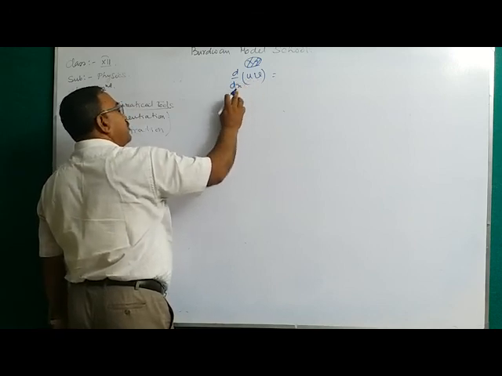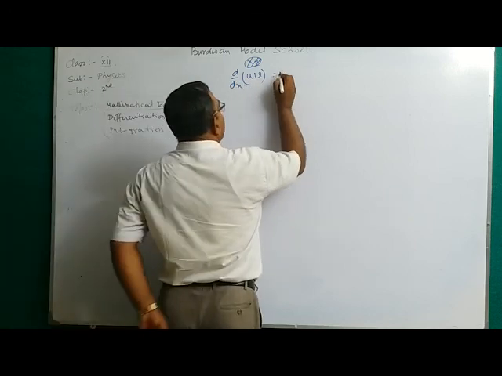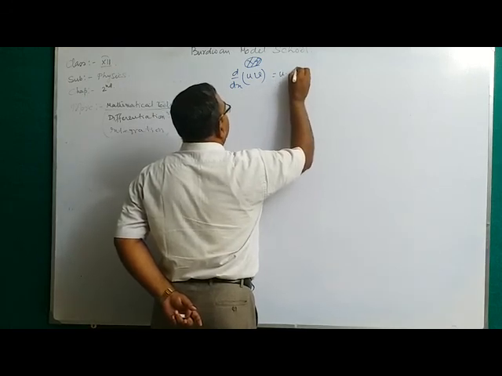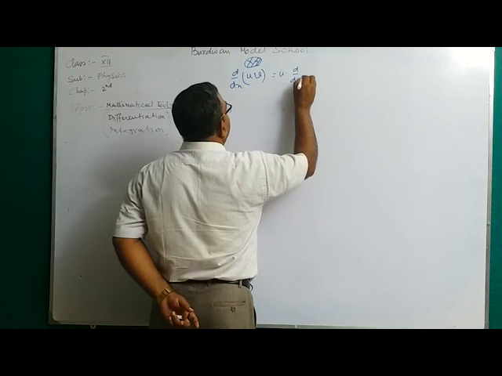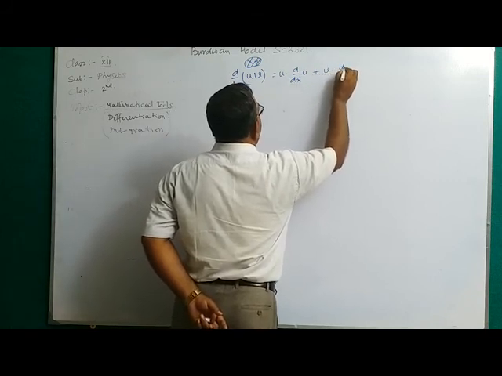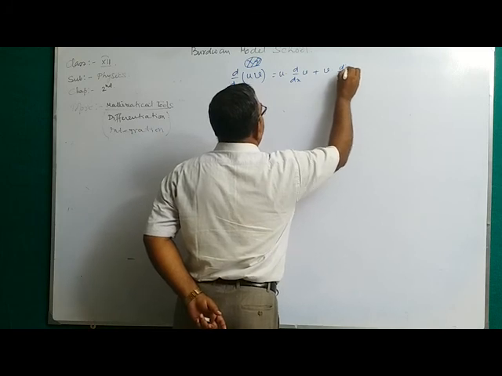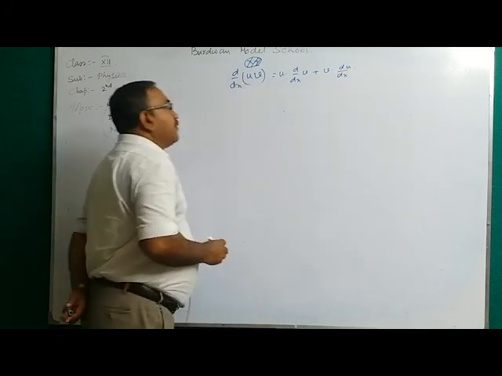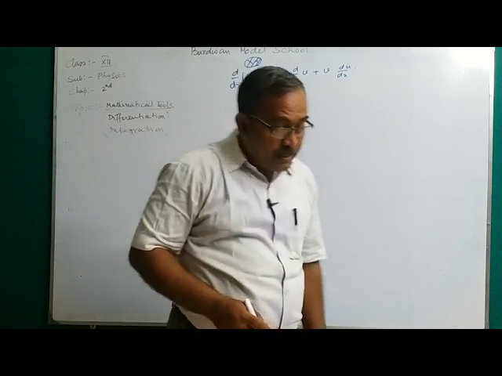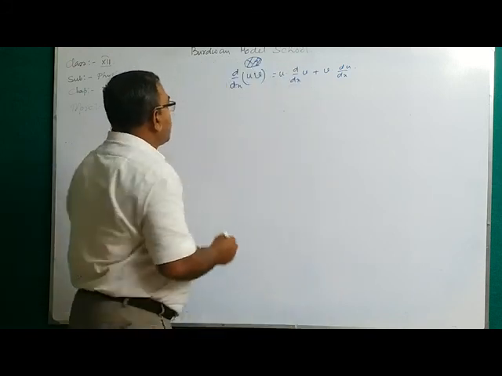Two variables depend on x. So this formula will be first function times derivative of the second plus second function times derivative of the first.